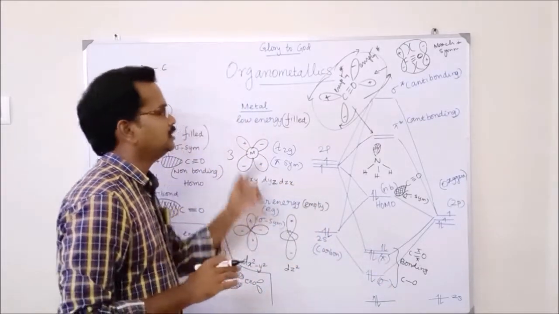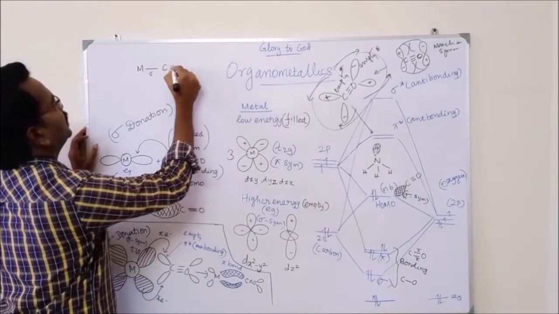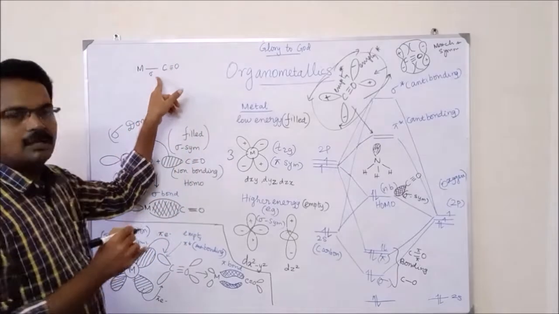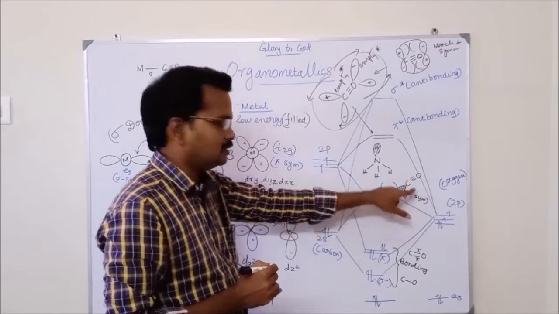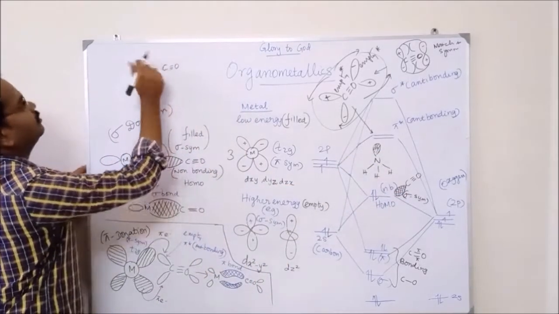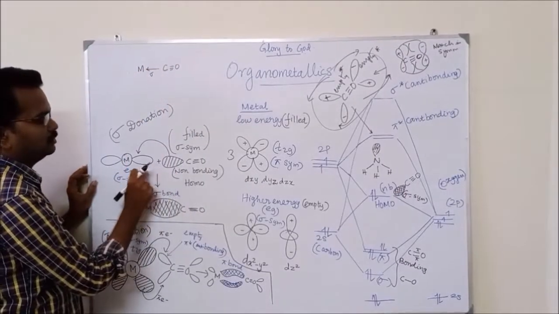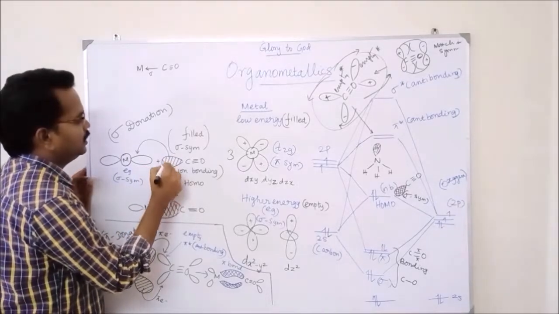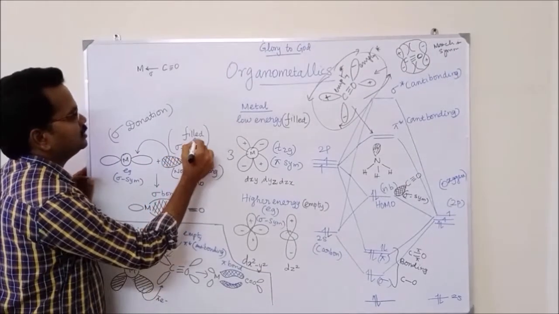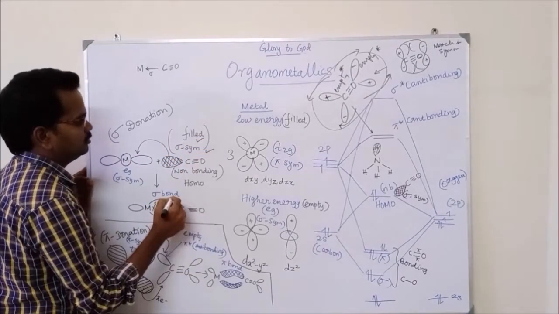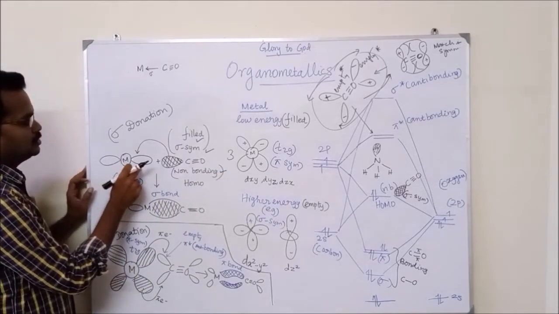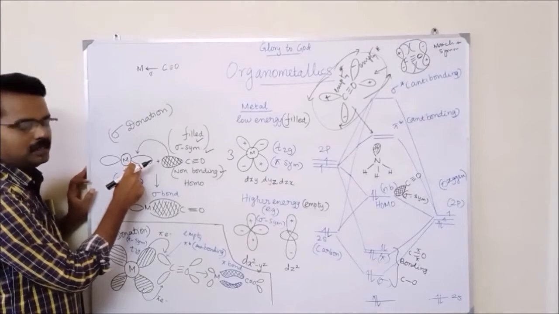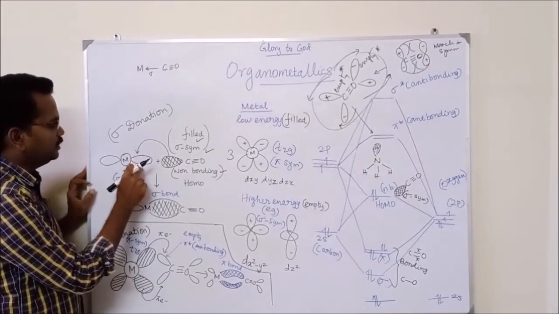So this carbonyl ligand is going to give its pair of electrons from its non-bonding sigma symmetric orbital to the metal. This is a non-bonding orbital, it is filled and it is sigma symmetric. And this is the metal orbital, and this metal orbital is an empty orbital.